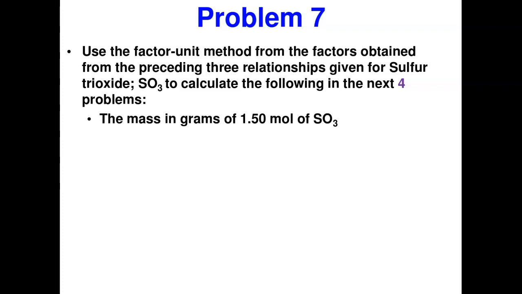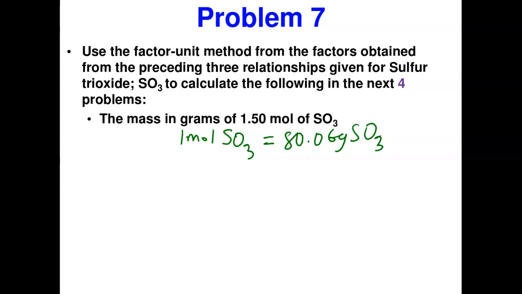It says the mass in grams of 1.5 mole of sulfur trioxide. Again, in this case, we're going to be using 1 mole of sulfur trioxide contains the molar mass. The molar mass is 80.06 grams of SO3. This is our conversion unit. And we want to convert this mole into mass.